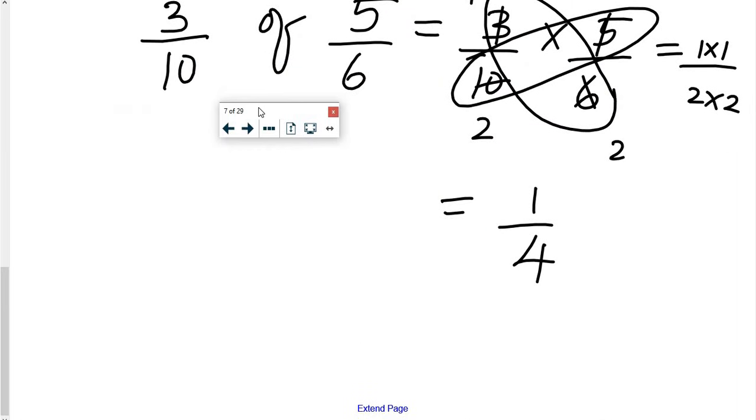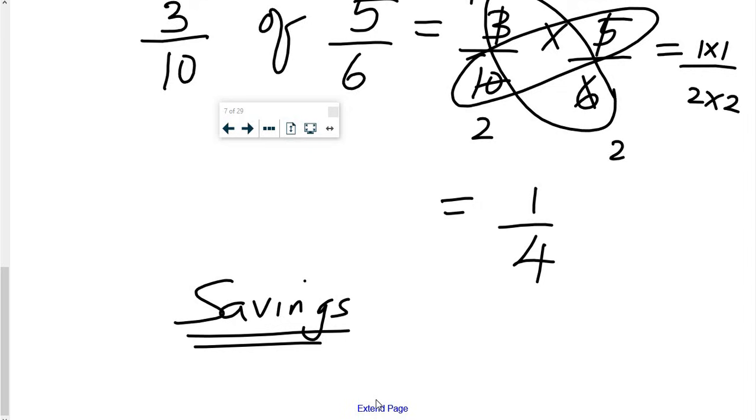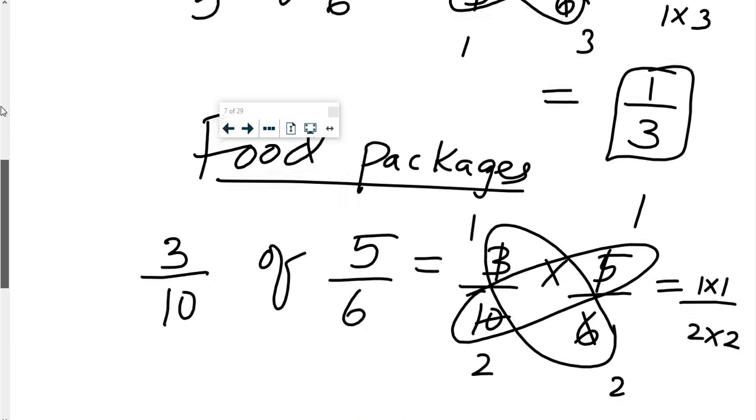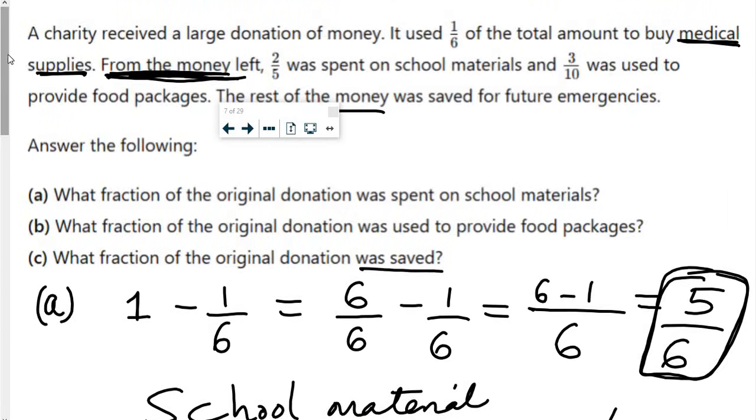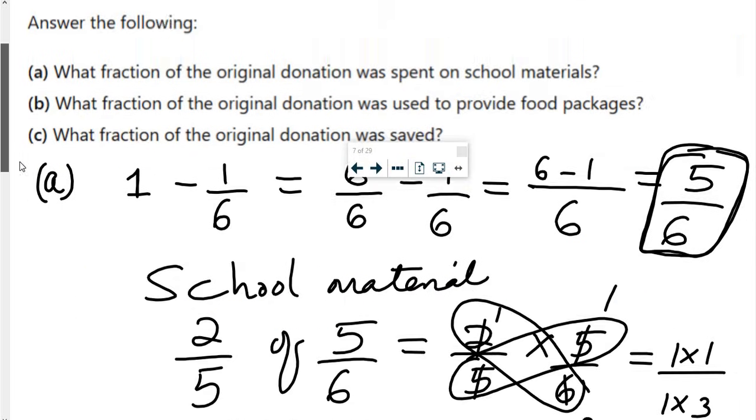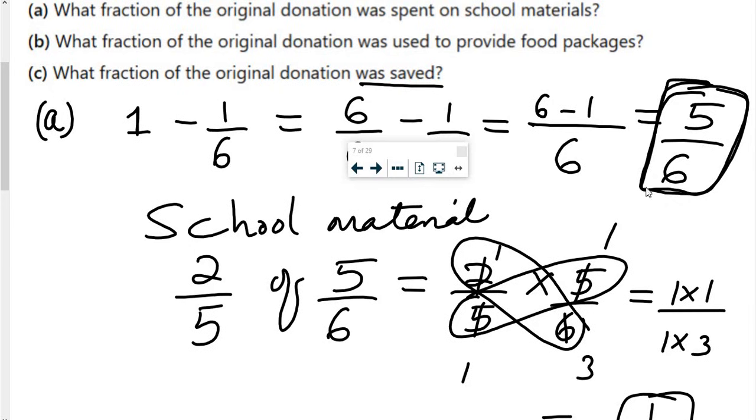So here you write savings. Now for savings, remember the fraction of money that was left after buying medical supplies was 5 upon 6. So be careful here.